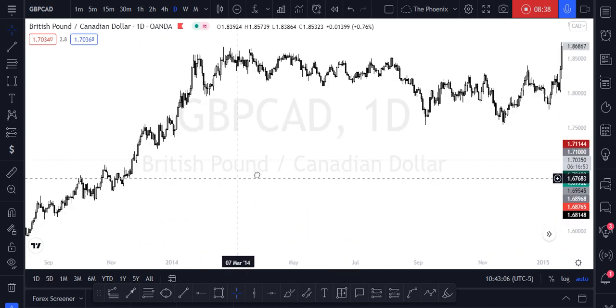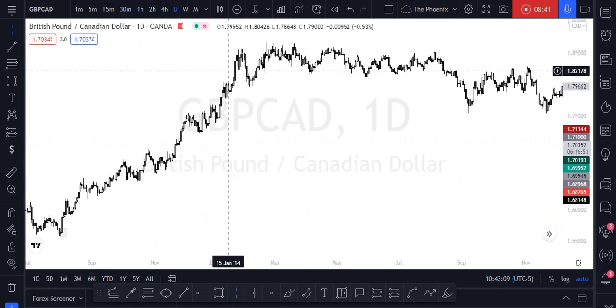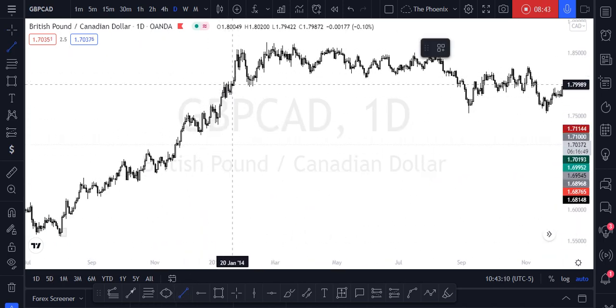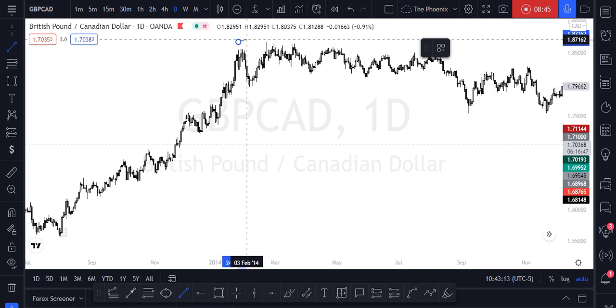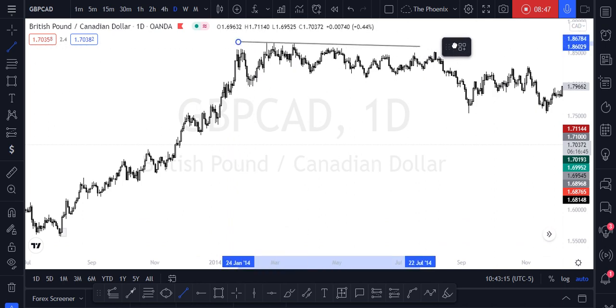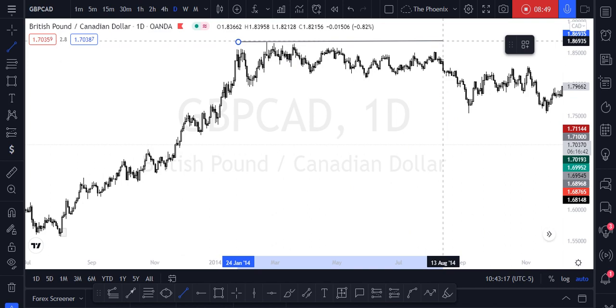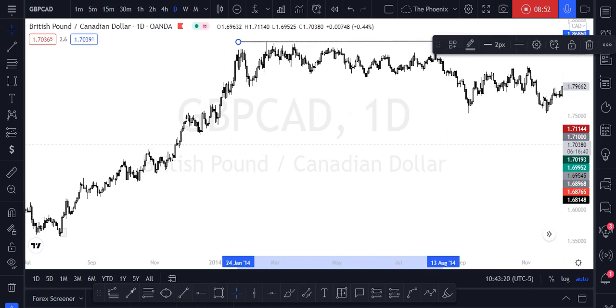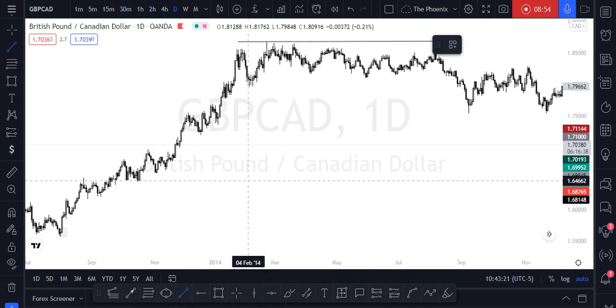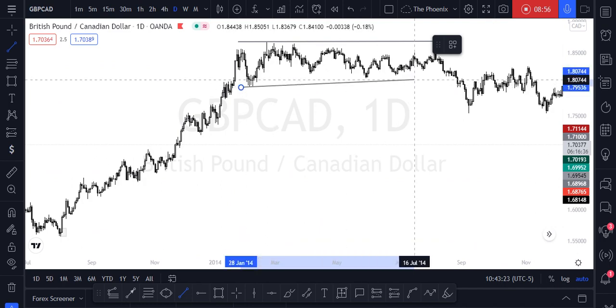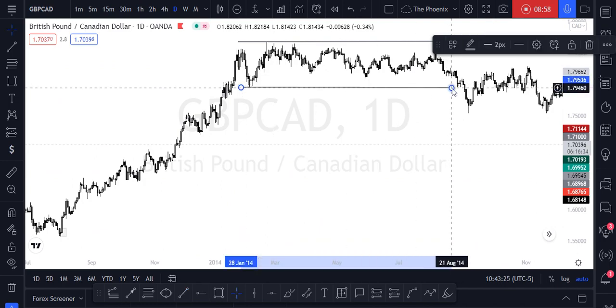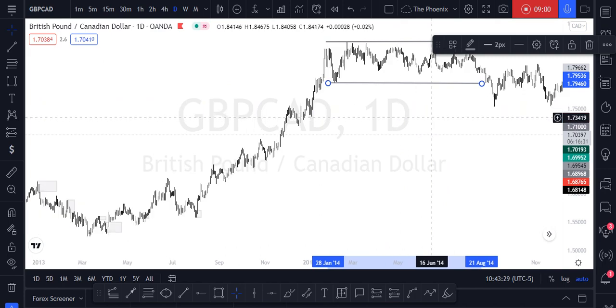Now in this move up until this point, we can see from here right across, let me move this out of the way, we have this area of consolidation. All of this. Equal highs, equal lows.